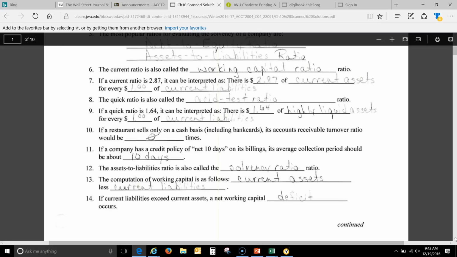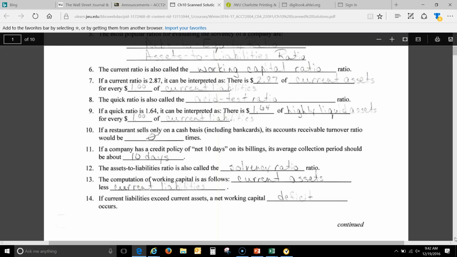So number 7 should read, there is $2.87 of current assets for every dollar of current liabilities.